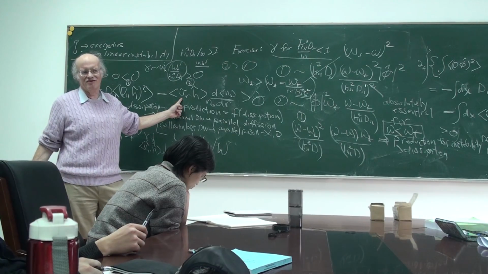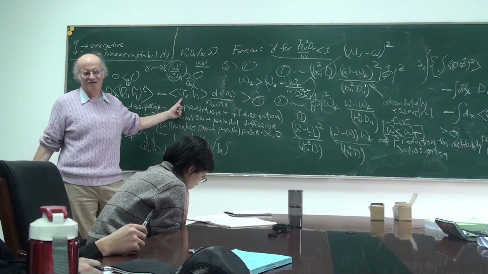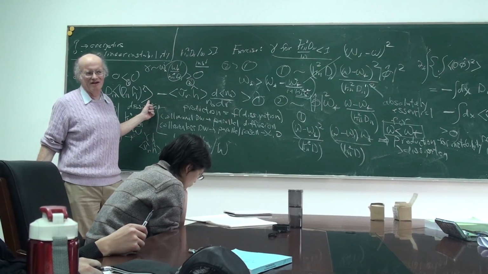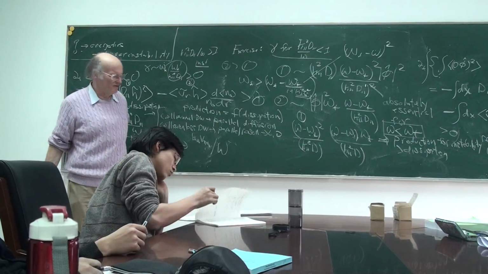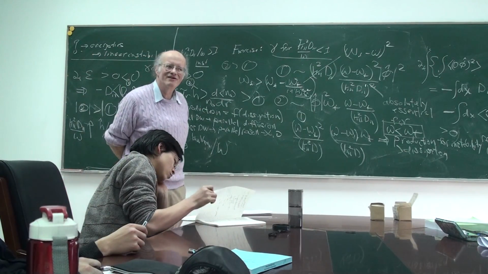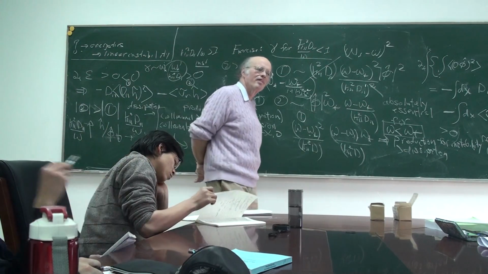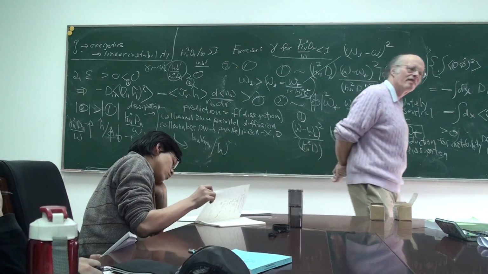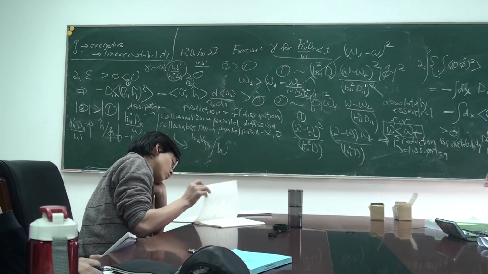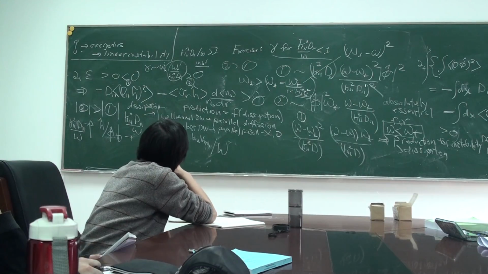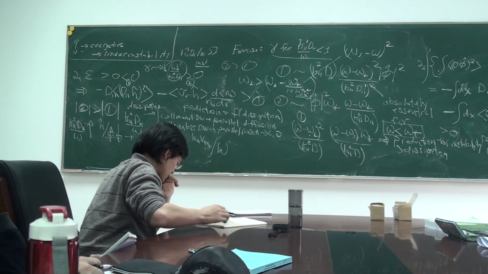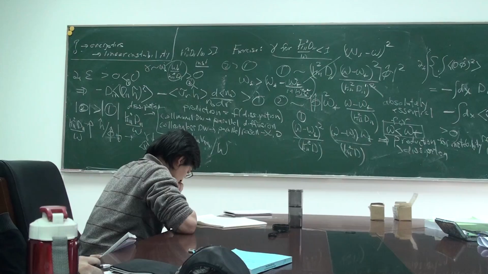This calculation is about the linear growth rate. So I can calculate those things rigorously. So that's what I did. At the level of the linear instability, there's no coefficient.